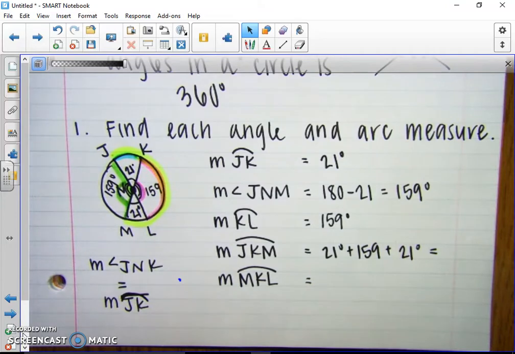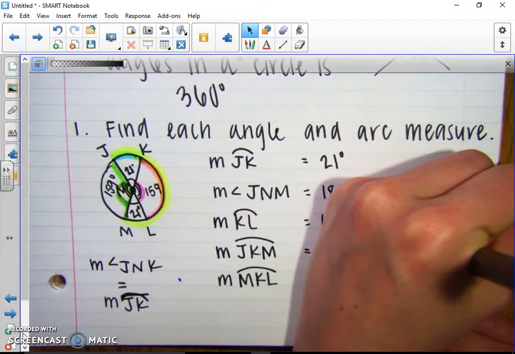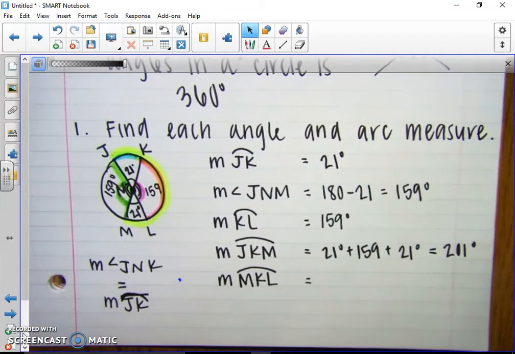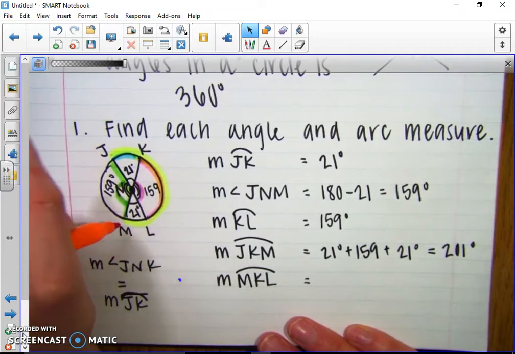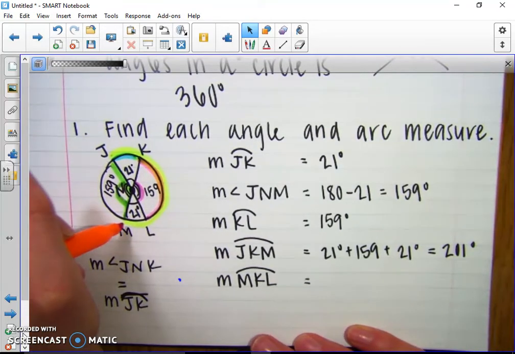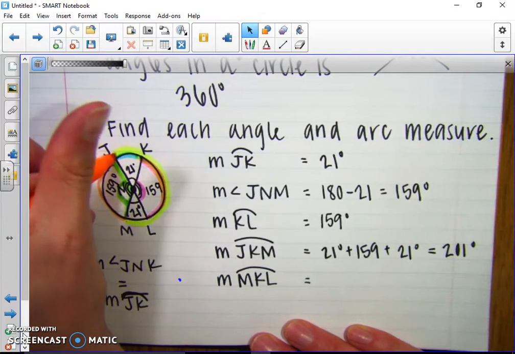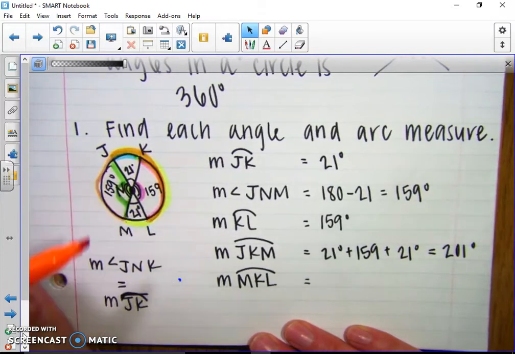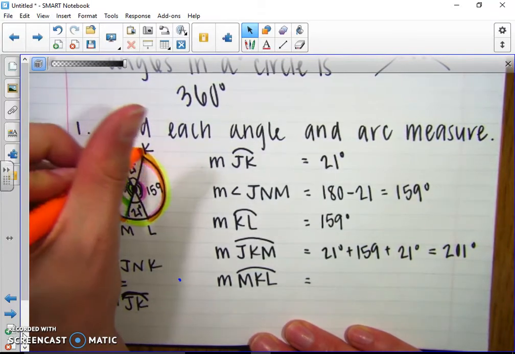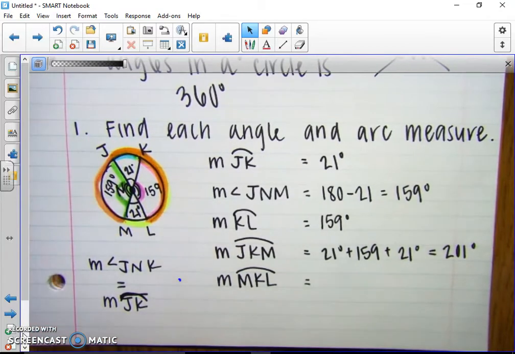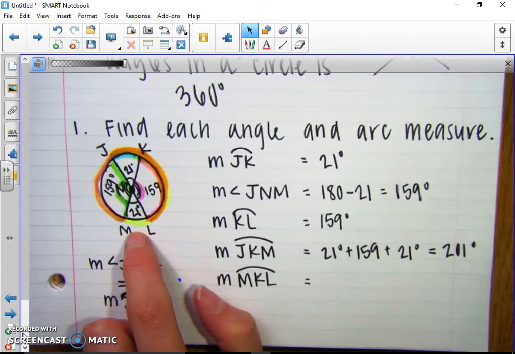That should come out to 201 degrees. And then finally, we're looking at MKL. So M all the way to K, all the way to L. So it's basically all of these inscribed angles except for this 21.